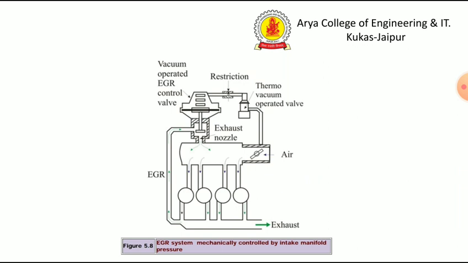Therefore, addition of exhaust gas to the fresh intake charge has a higher effect in lowering the combustion temperature compared to simple leaning of the charge. So this is the use of an exhaust gas recirculation system, and this is the exhaust gas recirculation system mechanically controlled by intake manifold pressure.